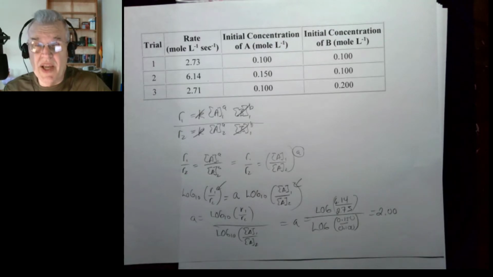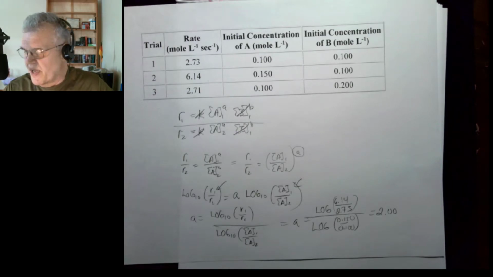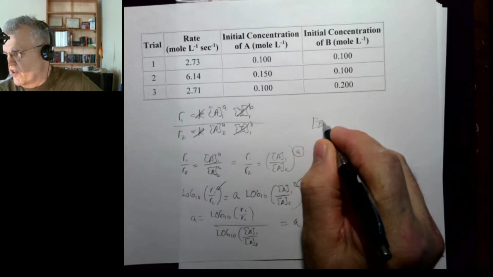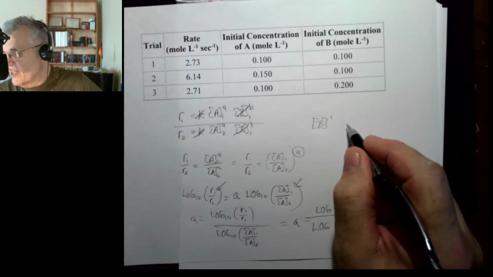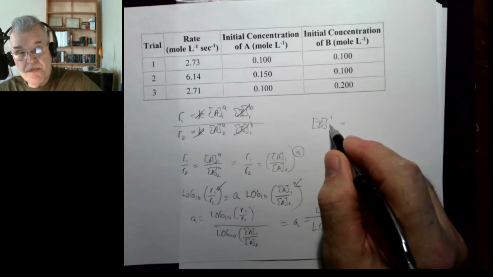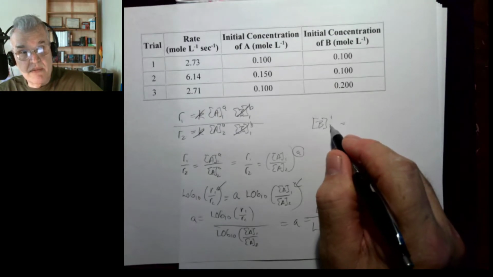So there is a trick. There's a trick you can do, and I'll show it to you. The trick can't be used for this lab because it won't work, but it can be used on exams and quizzes if you have something like that. And that is, okay, if I have something raised to the first order, B to the first, that tells me that if the concentration of B doubles, well, 2 raised to 1 is what? 2.